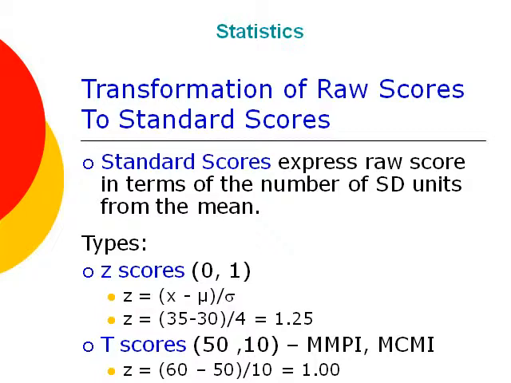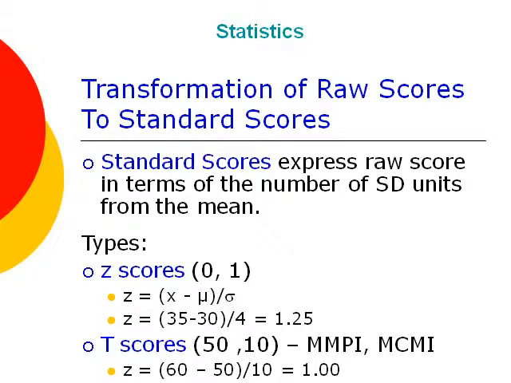For example, if we had a distribution in which the mean was 30 and the standard deviation was 4, a score of 35 would be transformed to a z-score by subtracting 30 from 35 and dividing by 4, which would equal 1.25. We would then describe the score of 35 as being 1.25 standard deviation units above the mean.